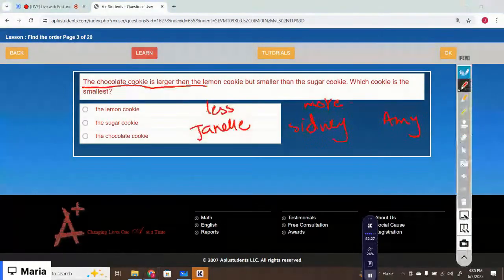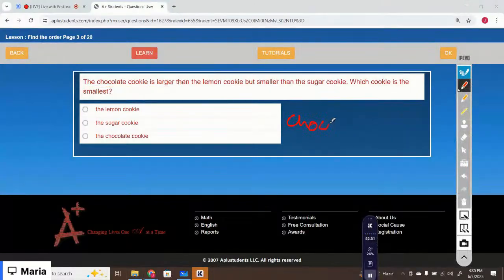Chocolate cookie is larger than lemon. So chocolate cookie is larger and lemon cookie is smaller. The chocolate cookie is smaller than the sugar cookie. So which cookie is the smallest?